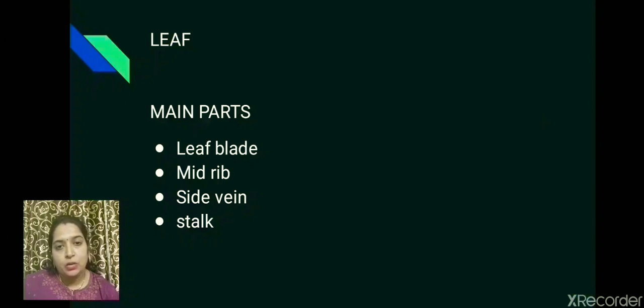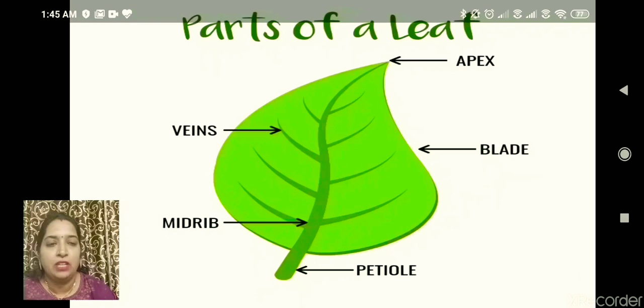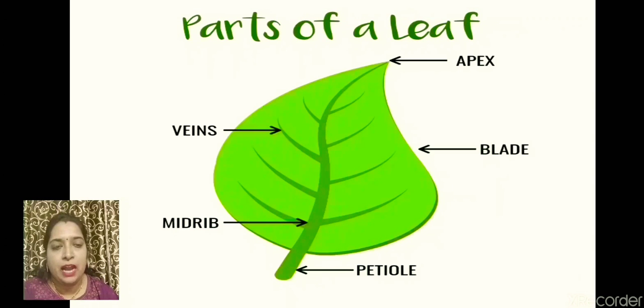Let's take a quick recap of leaf. Leaf has four main parts: leaf blade, midrib, side vein and petiole or stalk. Leaf blade is the main flat part of the leaf. Midrib runs through the middle and it is tube-like. From midrib many side veins arise.